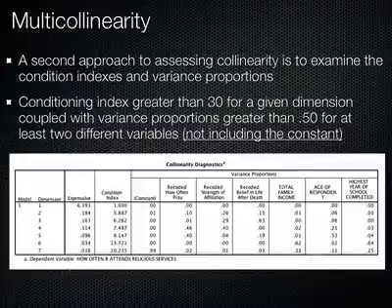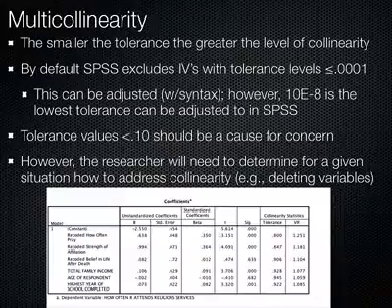If they both indicate no concern, then you have nothing to address. But if one looks like a concern and one doesn't, then it's incumbent on you to decide what to do in a given situation. Those situations will change. So there's no problems with collinearity based on this table or on this table.